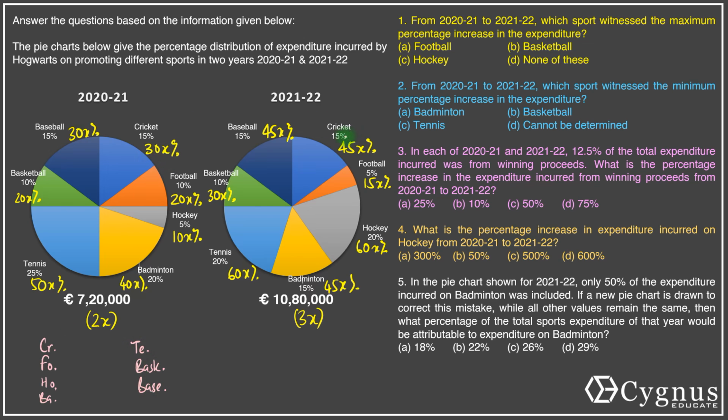Cricket 30 to 45, that's 1.5 times, 50% increase. Football 20 to 15, that's 1/4 decrease or 25% decrease. Hockey 10 to 60, that's a 500% increase.